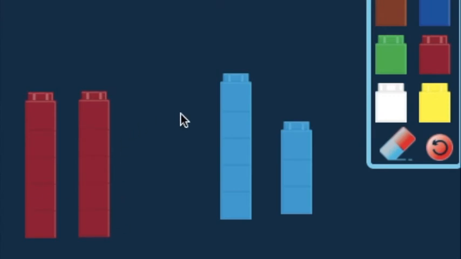We have 10, 8 all together. Now let's count all the way from 1 all the way to our big teen number. 1, 2, 3, 4, 5, 6, 7, 8, 9, 10, 11, 12, 13, 14, 15, 16, 17, 18. 10, 8 is 18.